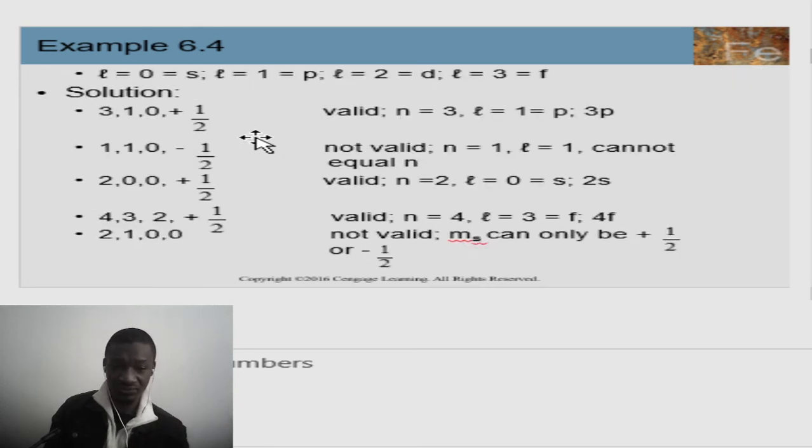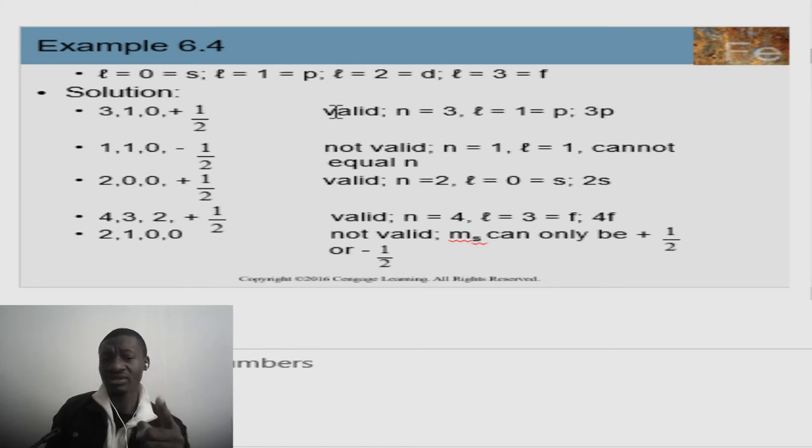So let's just look at the solution straight up. So we have the 3, and then you have your p, which is indicative of your 1. Remember, I said 0 is s, 1 is p, 2 is d, and then 3 is f. So this is valid on the basis of what you have. And for the second, notice that you have 1.